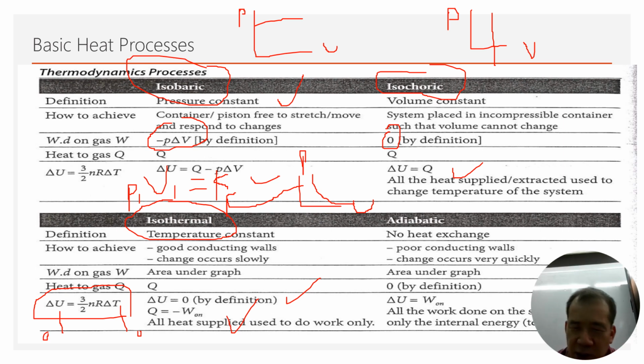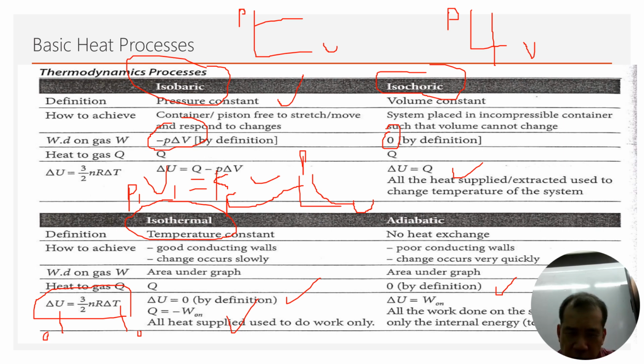It's quite interesting to have that kind of experience. For that fast process, your Q is very, very small. In fact, it's zero by definition because it occurs very quickly.